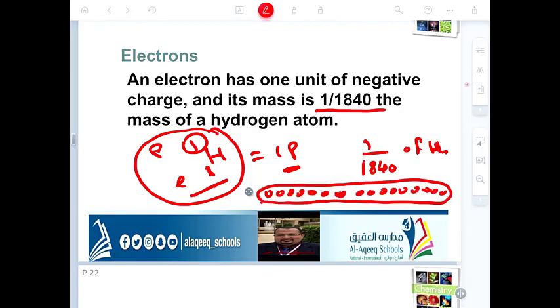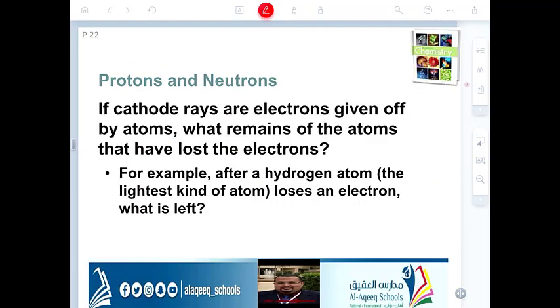If you put 1840 electrons together, it makes the mass of one hydrogen atom, or one proton. It means the electron is much smaller than the proton. This is the electron. What about protons and neutrons?